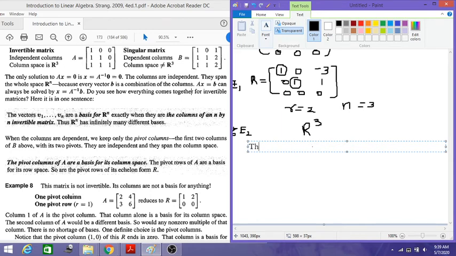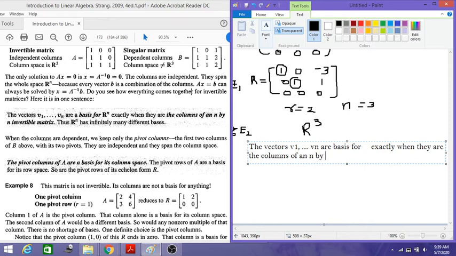If you have the vectors v1 up to vn, they are a basis for R^n exactly when they are the columns of an n by n invertible matrix.